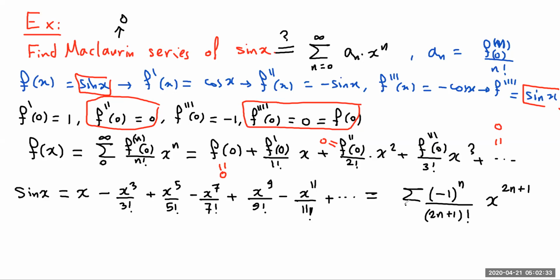If I give n 0, I will have plus, and down 1 over 1 times x^1, so it's x. If I give n 1, I will have minus here, down 3, and x^3, so minus x^3 over 3 factorial. If I give n 2, I will have minus 1 power 2, it's plus 1, over 5 factorial, x^5, so it's plus here. So everything is good. And remember that sine 0 is 0, so it's correct.